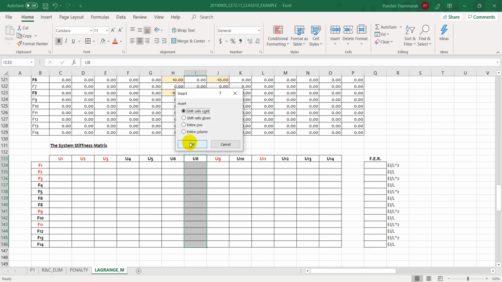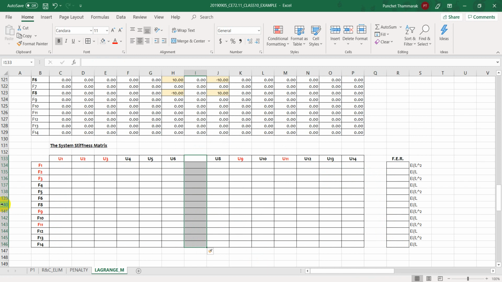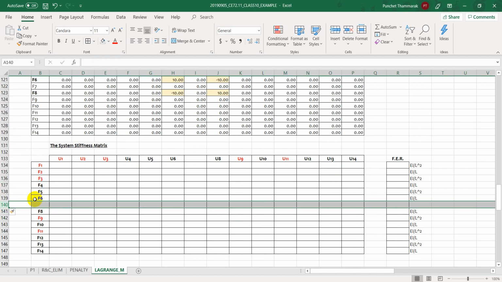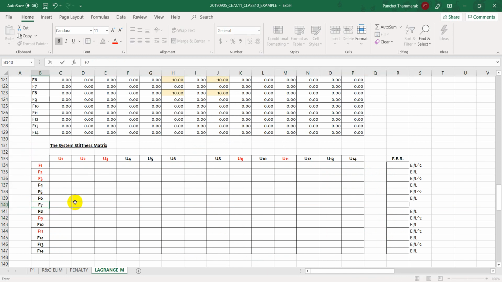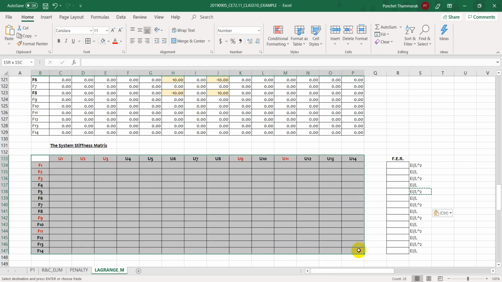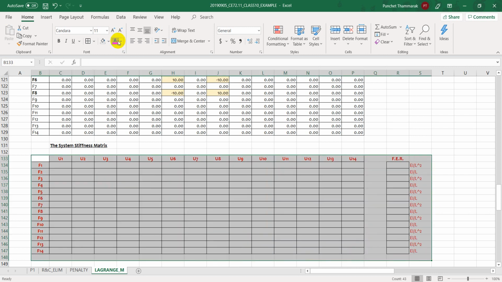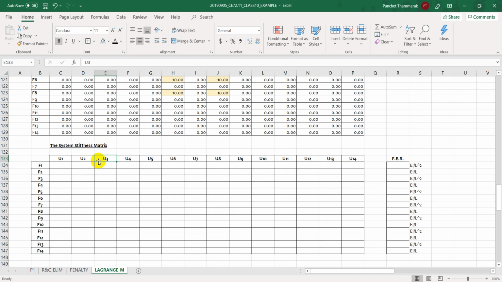Insert. And this insert. F7, U7. EI over L squared has to come down here. Make all of them in black font. Okay.